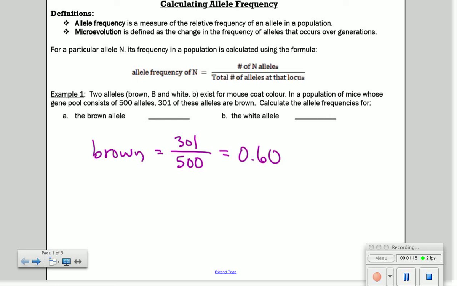So there's the allele frequency for brown. And then for white, you have to take 500 minus 301, you get 199. Divided by 500, 0.4. So there's the first problem.